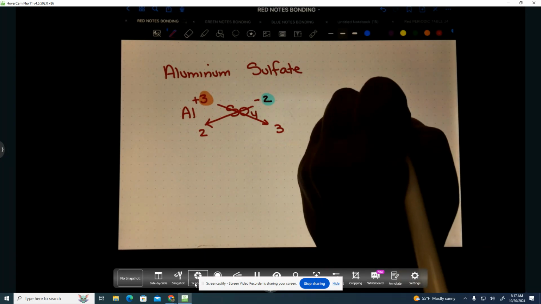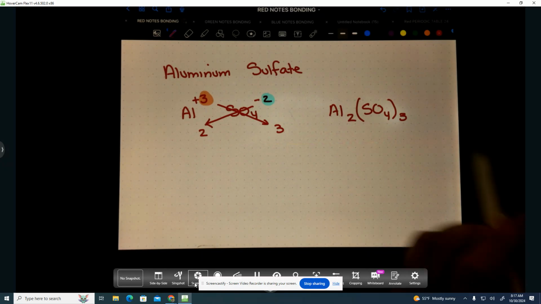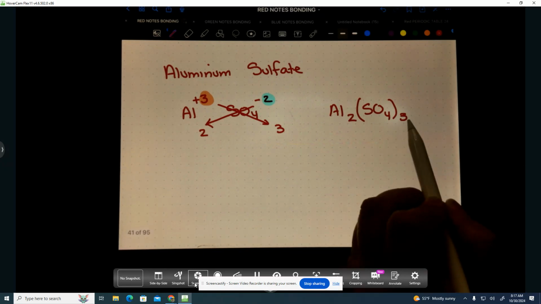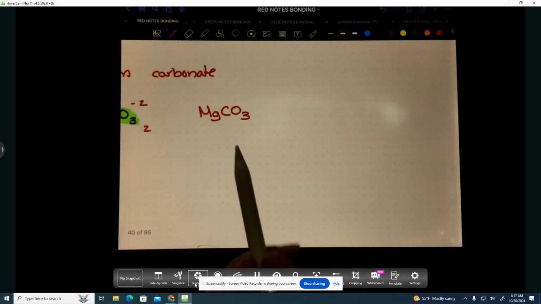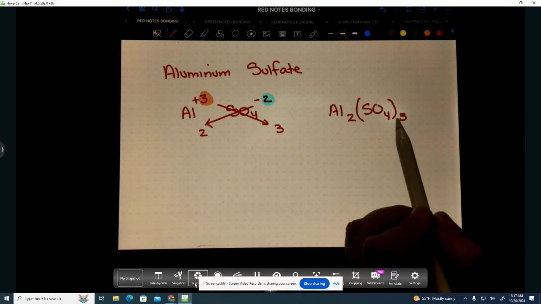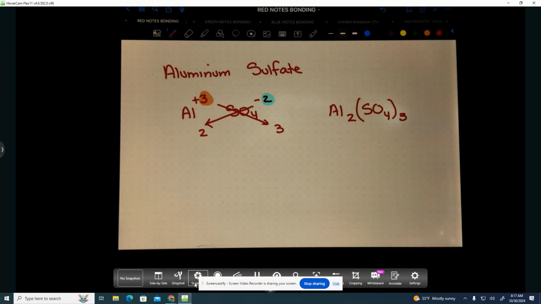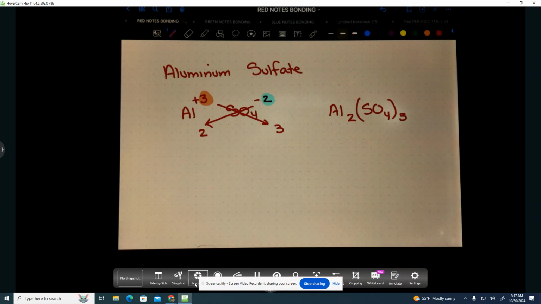So we have to put this SO4 in parentheses, because then it tells me that there are 3 SO4s. We didn't have to do that on these because it was 1-to-1. But when there's multiple of that polyatomic ion, you have to put the polyatomic ion in parentheses so that the reader knows that there are 3 SO4s.